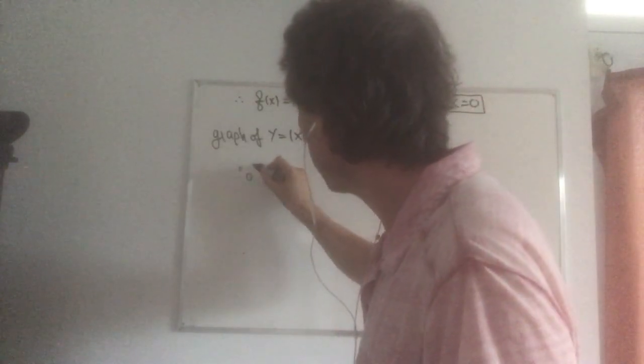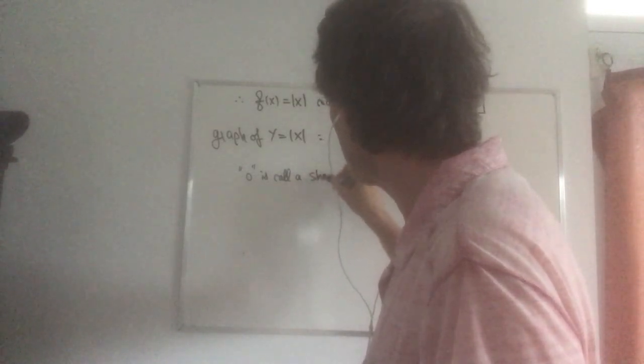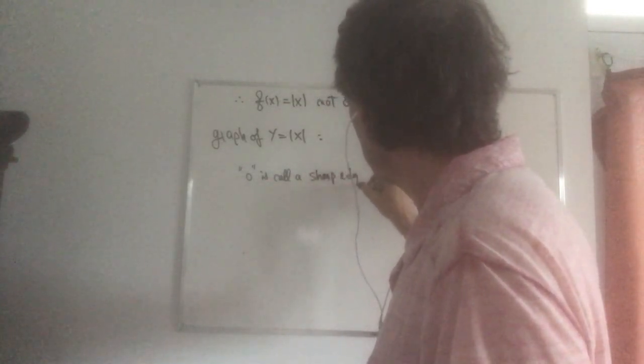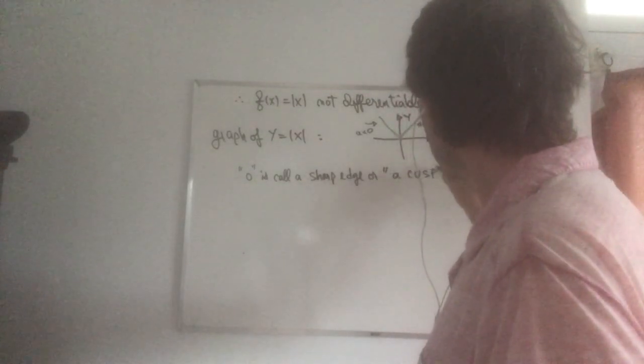So what we have here, at 0, is called a sharp edge, or more technically, a cusp, right?